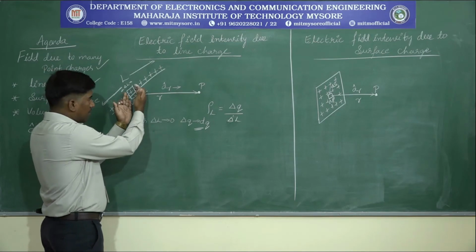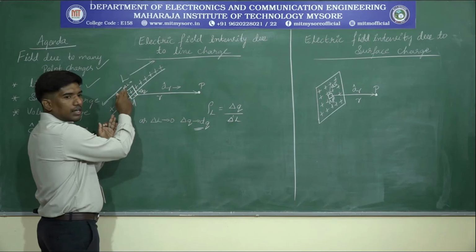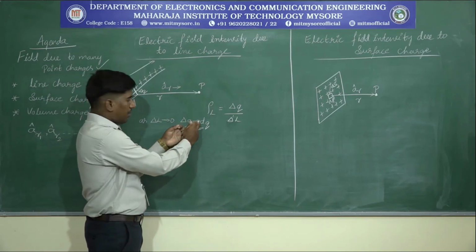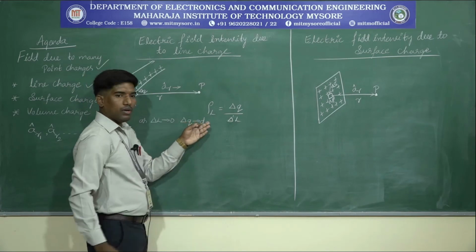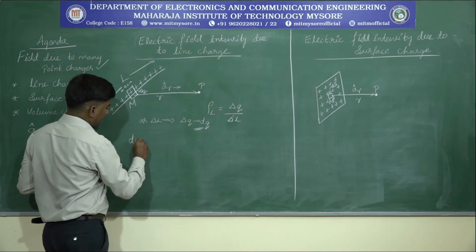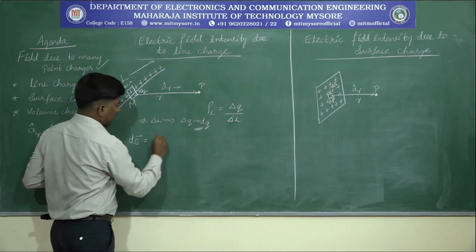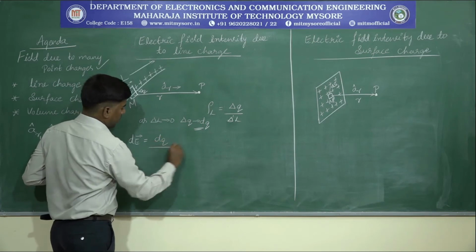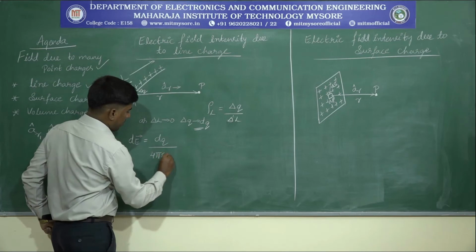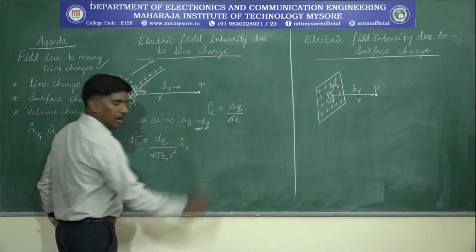As this elementary length tends to 0, the delta operator is converted into the differential operator, that is delta Q tends to dQ. Therefore the elementary electric field intensity due to dQ is given by dE is equal to dQ divided by 4 pi epsilon naught r square into a cap r.